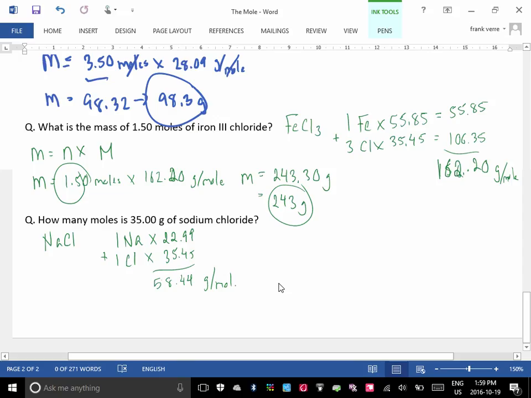Now if we want to know how many moles that represents, we're not looking for the mass, we're looking for the number of moles. So we're looking for little n. If the formula is m equals little n times big M, little n would be little m over big M. So the mass is 3.50 grams, and the molar mass is 58.44 grams per mole. So how many moles would that represent?